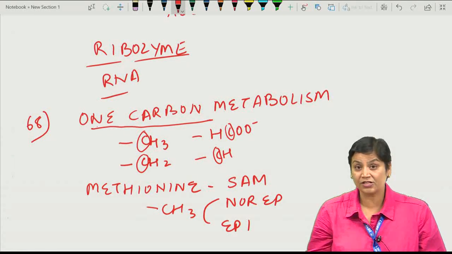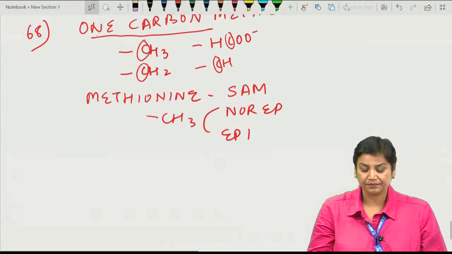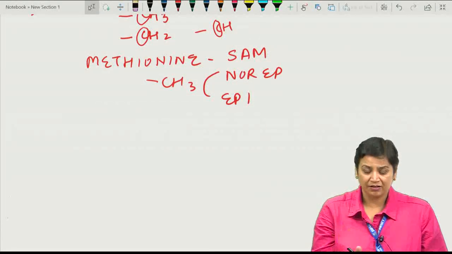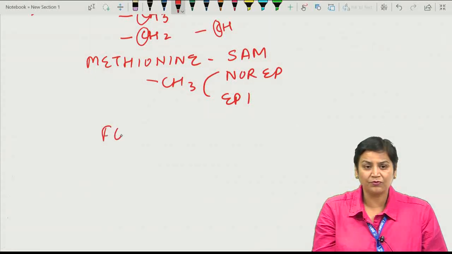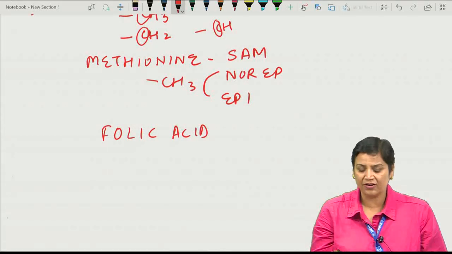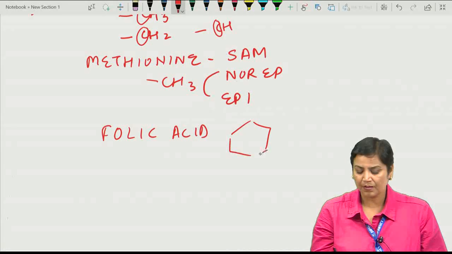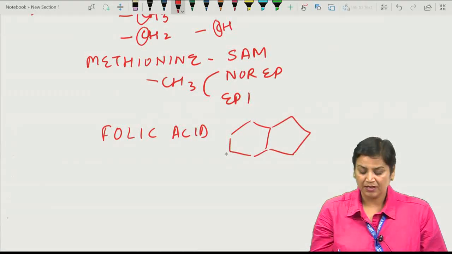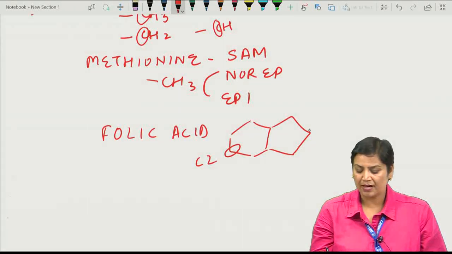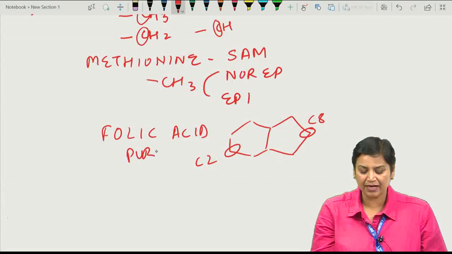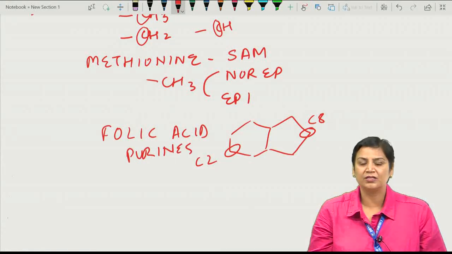This is a very important methylation reaction. The other vitamin required is folic acid, which generates C2 and C8 of purines. This is again one carbon metabolism.